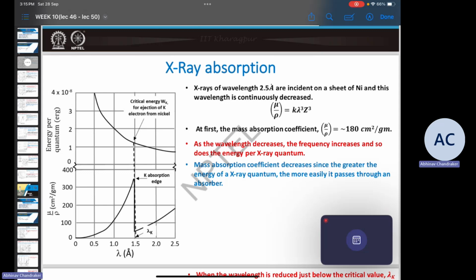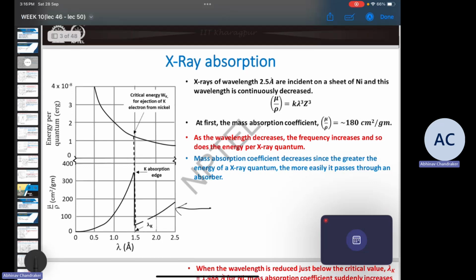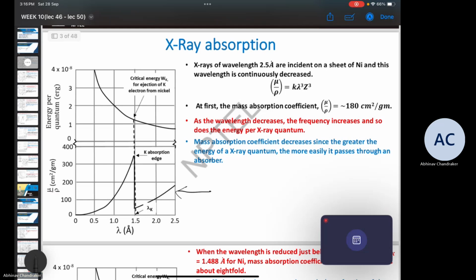And if we try to look at how the energy of the X-ray affects the mass absorption coefficient, the dependence is something like this.